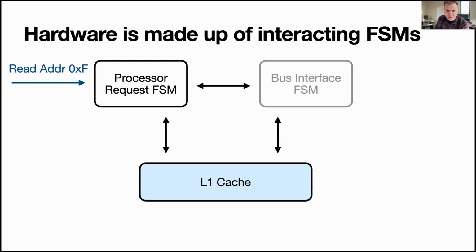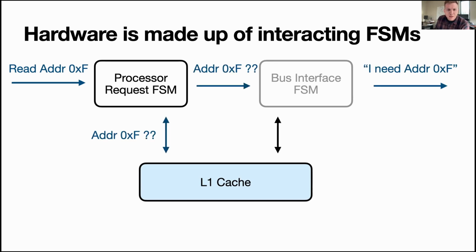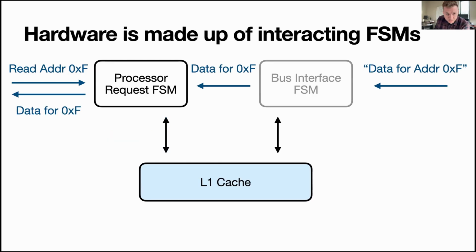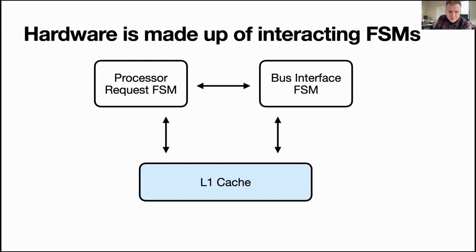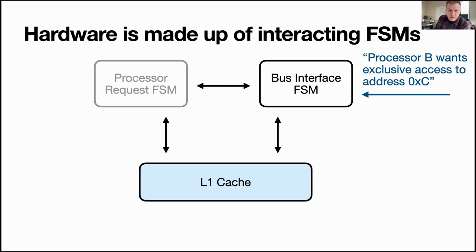To illustrate how this model works, we can step through an example read request, which first looks up the result in the cache, and then goes to its counterpart module, the bus FSM, which forwards the request along before returning the data to the processor. The bus interface FSM also has to handle requests from other processors while simultaneously serving its processor.